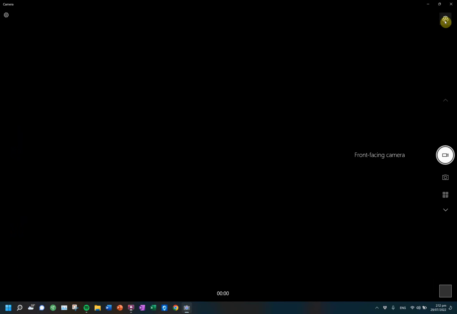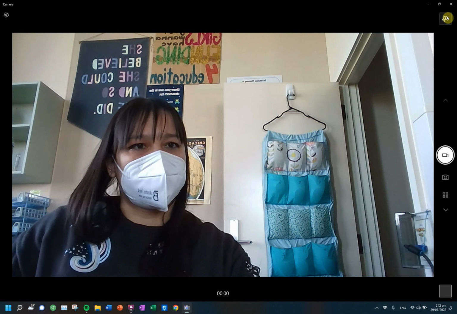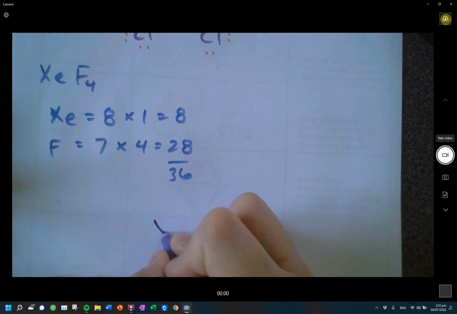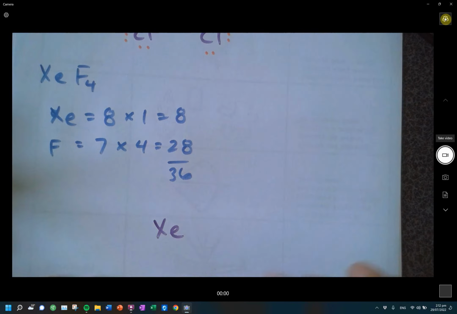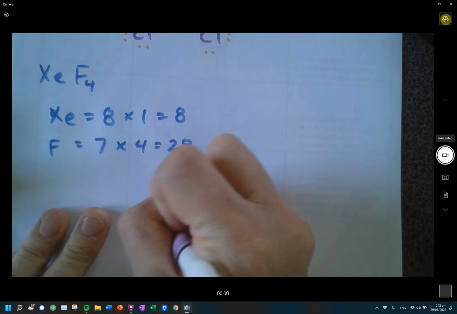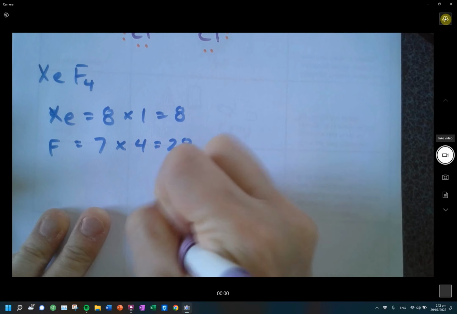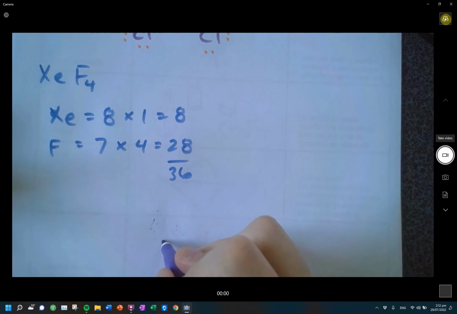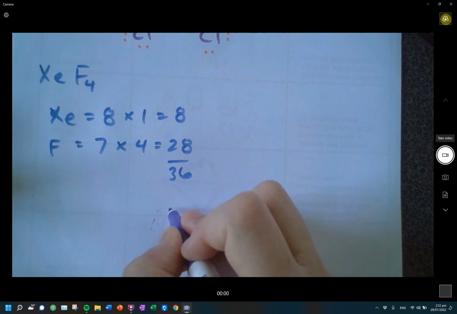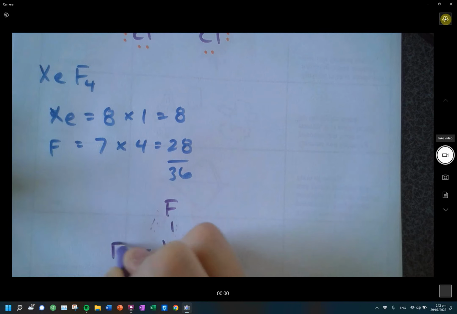Xenon's going in the middle. Assume everything needs to have 1 bond.